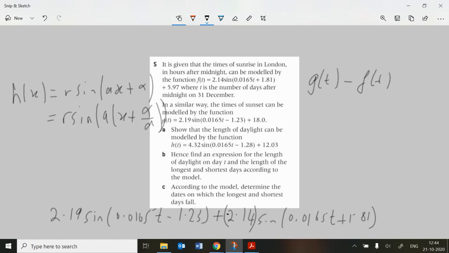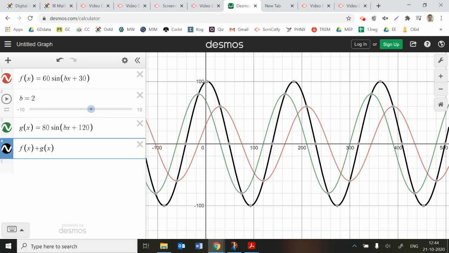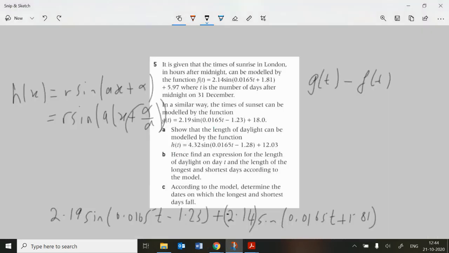So for example, if we wanted to make a 2, which is what we've just done here, so I've just made b 2 there, same. Then we can see that the translation of this sine graph is going backwards by half of the phase shift there. And then we can see that if we made this equal to 2, then half of this would give us the translation of half of the phase shift again. So again, phase shift is different from translation, but it's definitely related to it.